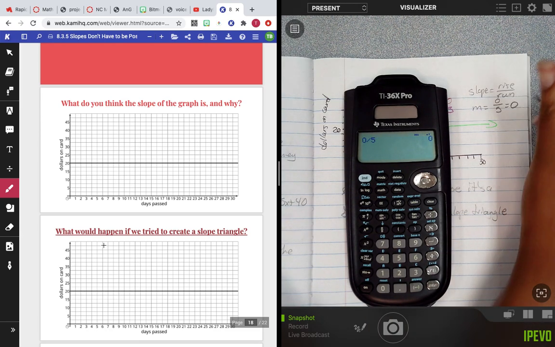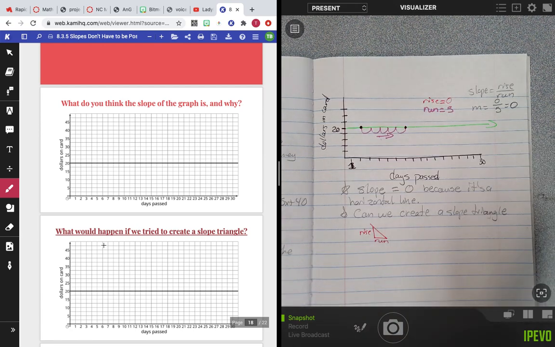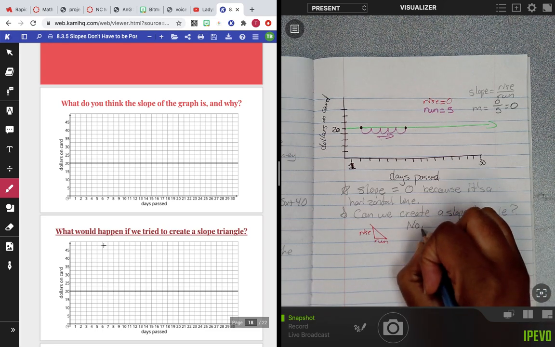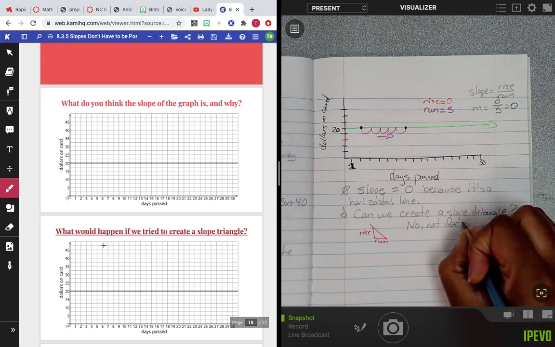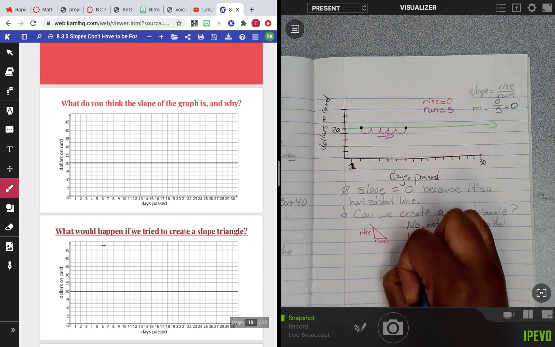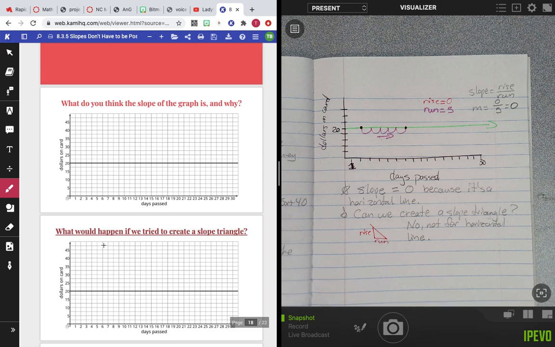So my slope for this line is proven to be 0. So can I create a slope triangle for a horizontal line? No, not for a horizontal line. So this should also help to prove even further why this is a zero slope.